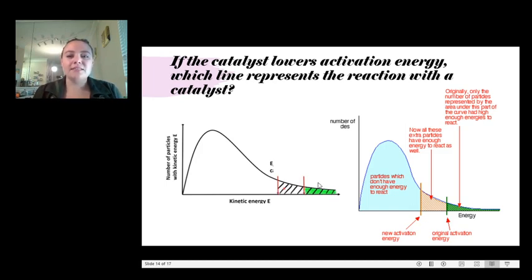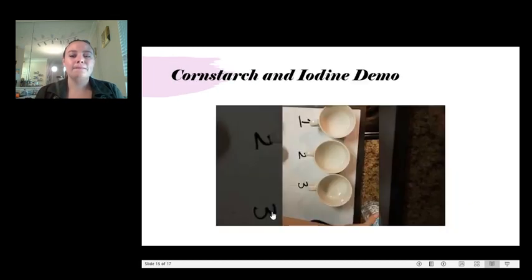So instead of this little tiny bit of molecules that has enough energy to react, we have this larger area of molecules that have enough energy to react. Same story on this side. You can pause the video and read these later if you want. Here we have the number of particles without catalyst, the number of particles with catalyst.